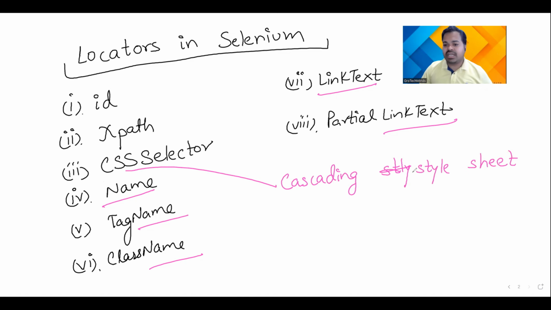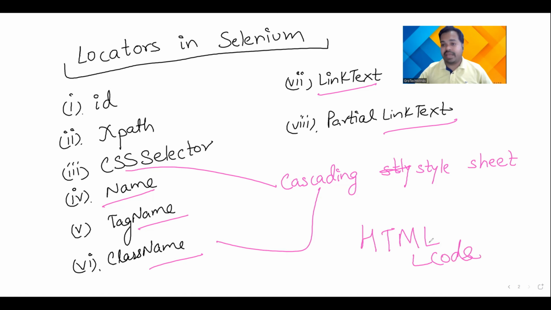Cascading style sheet selector. So these are the different types of locators that we have. And where will these locators be visible? All these locators will be visible in the HTML structure or the HTML code of any application.